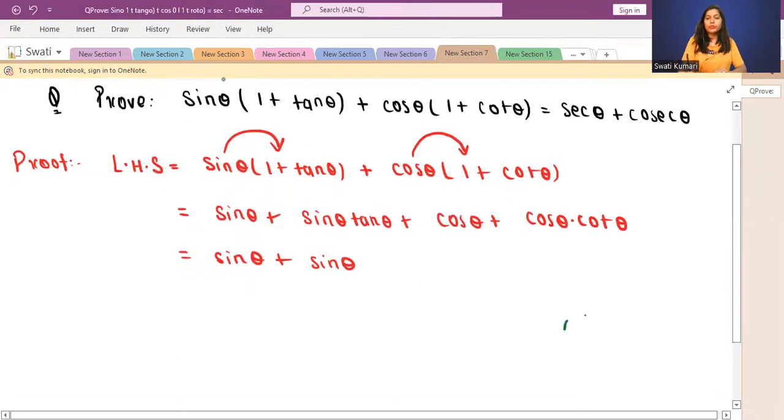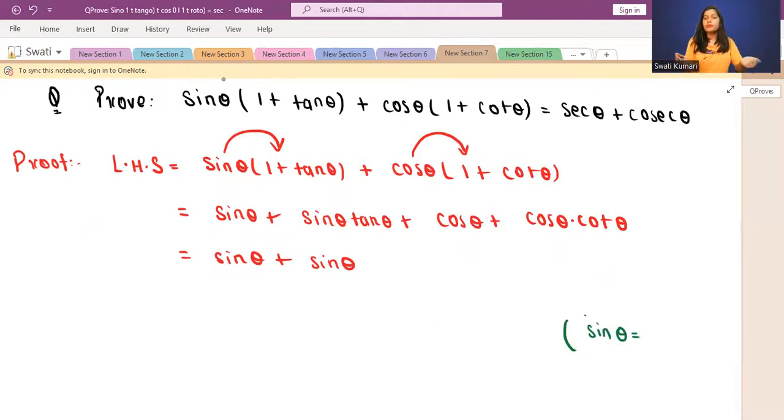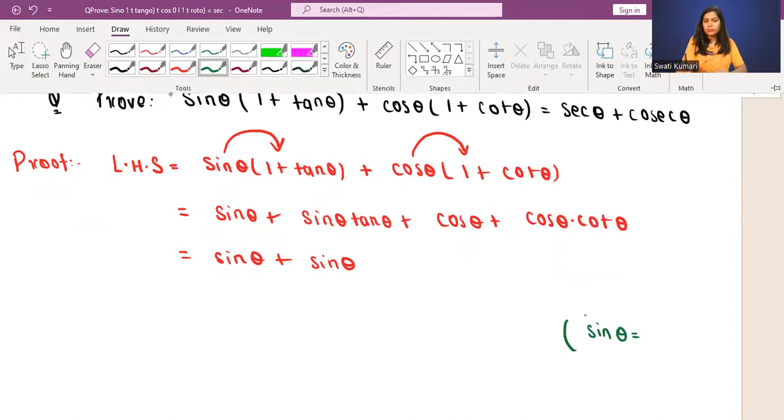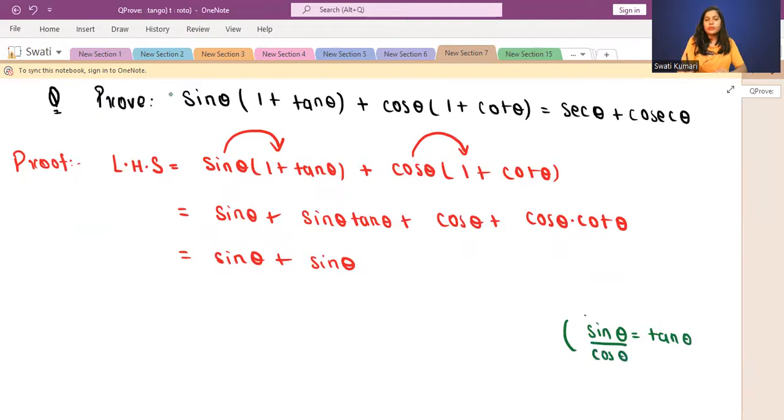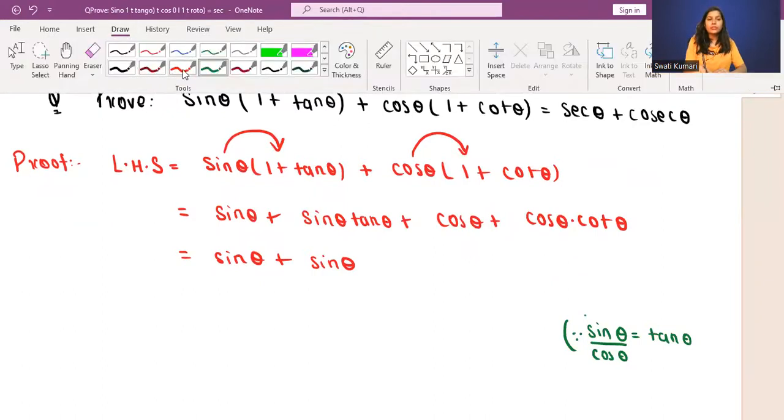On the right hand side, you can write down the formula that you have used in your particular step. So I can just write here that tan theta is sine theta upon cos theta. Okay, this is the formula I have used. So in place of tan theta, I can write sine theta upon cos theta.